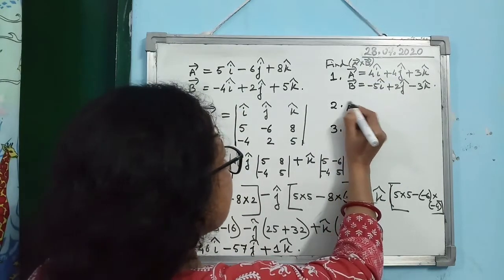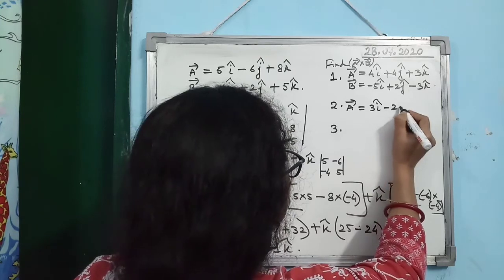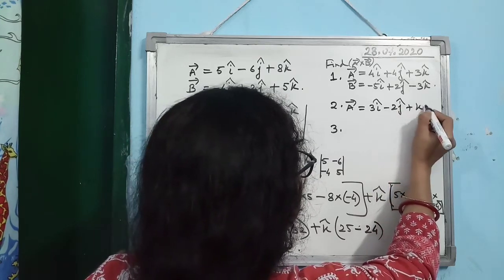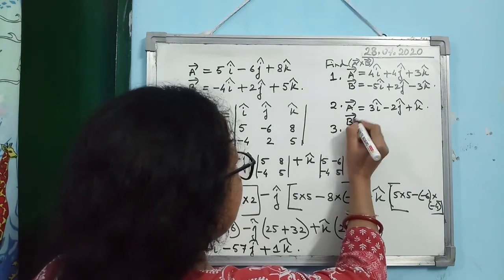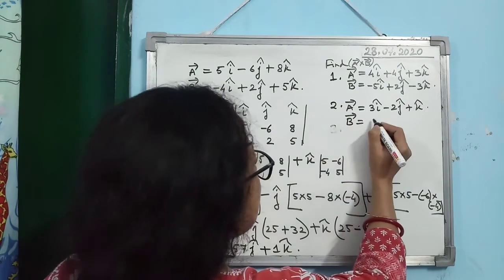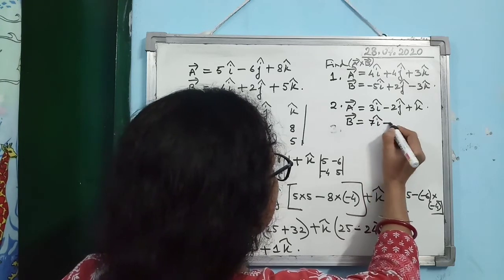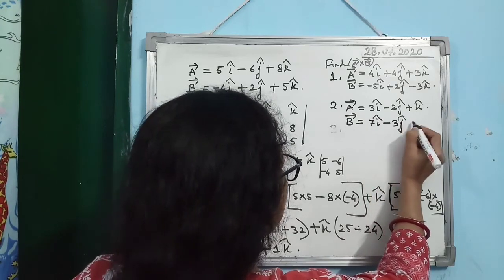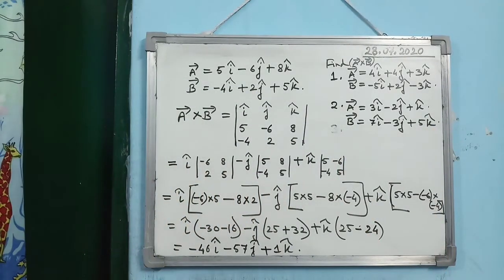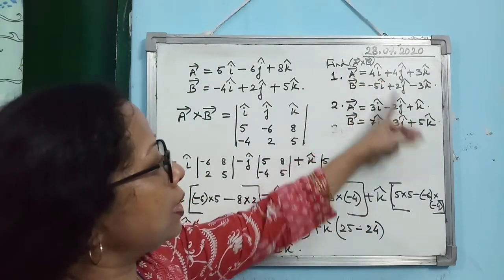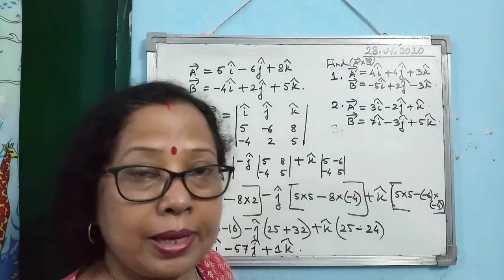Then second, suppose A is equal to 3i minus 2j plus k, k means 1, and B is equal to 7i minus 3j plus 5k.